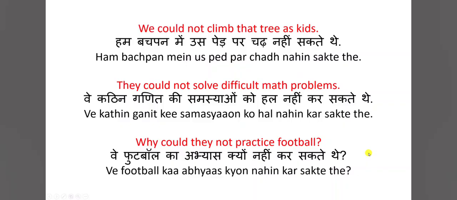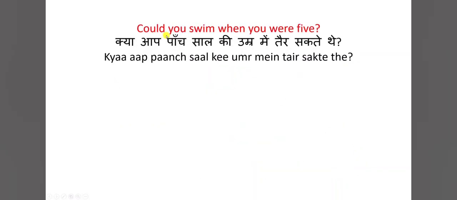All right, next, could you swim when you were 5? क्या आप 5 साल की उम्र में तैर सकते थे? आप is you, 5 is 5, साल is year, उम्र is age, में is in.